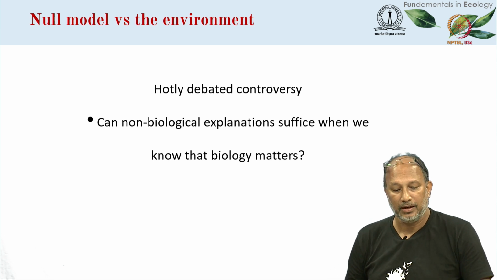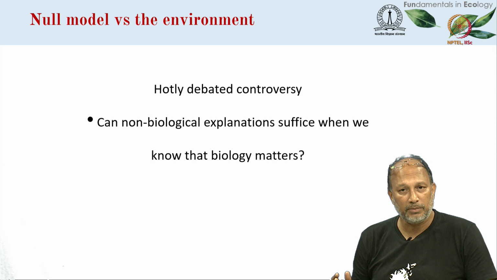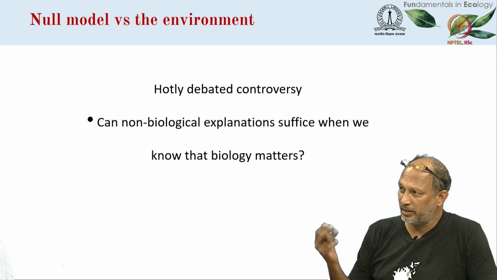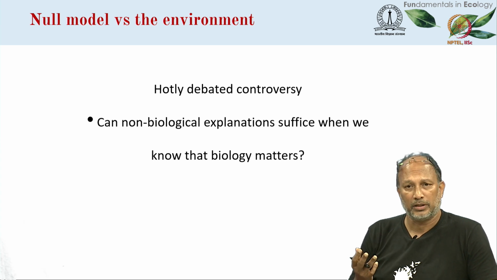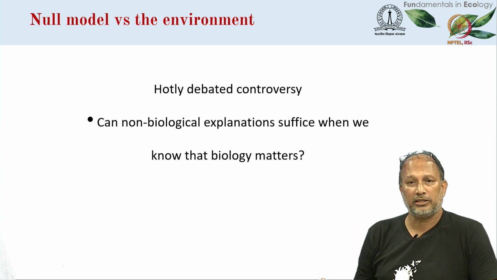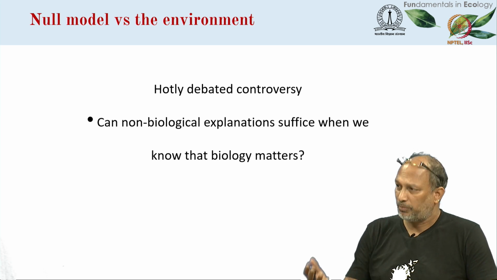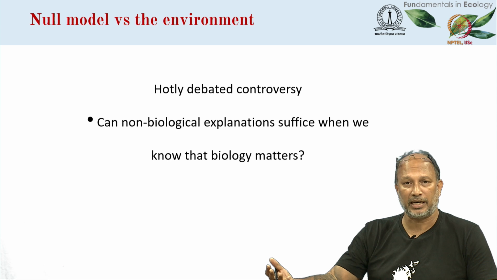The question being, how can we just rely on non-biological explanations when we know that biology matters? For 200 years, naturalists, and more recently over the last 100 years through experiments and observation, ecologists have shown convincingly the relationship between individuals and the environment, populations and the environment, the effect of abiotic and biotic factors on populations and communities.